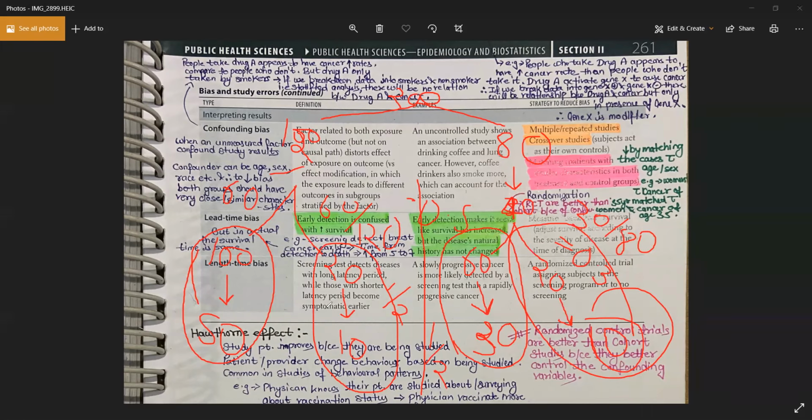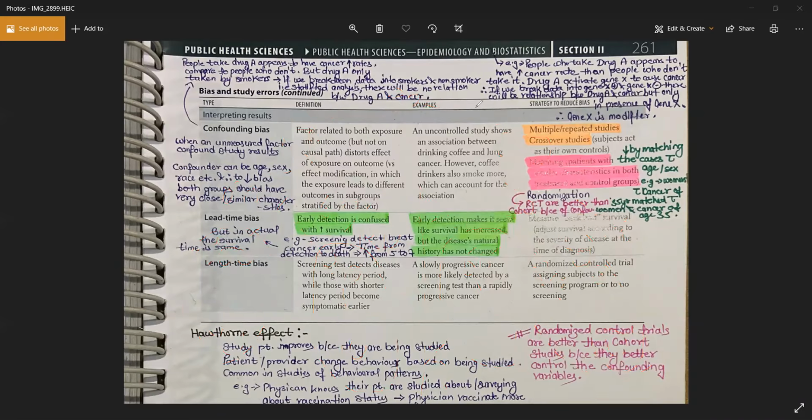So the chocolate is not linked to the esophageal cancer, but it was the smoking, and the smoking was the confounder, which we have neglected. Now you understand the concept of confounder. Yes, thank you. Okay, so this is the confounder. A confounder is basically a risk factor which was eliminated or forgotten to include in our study.